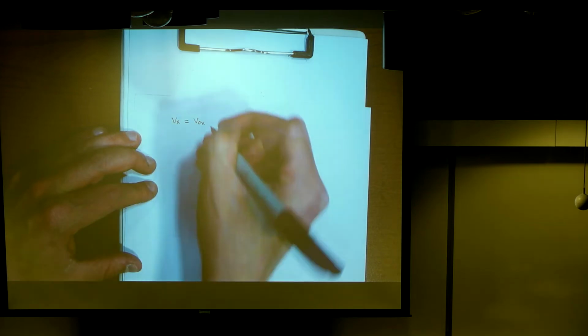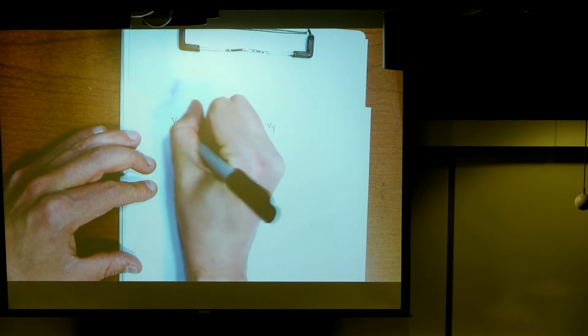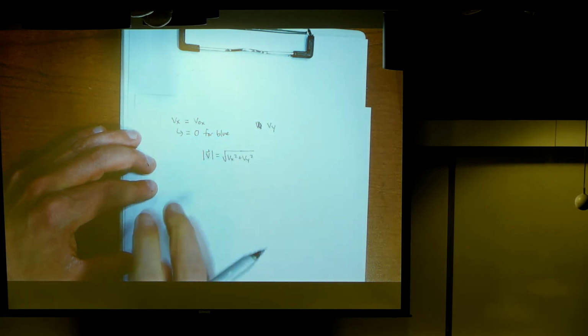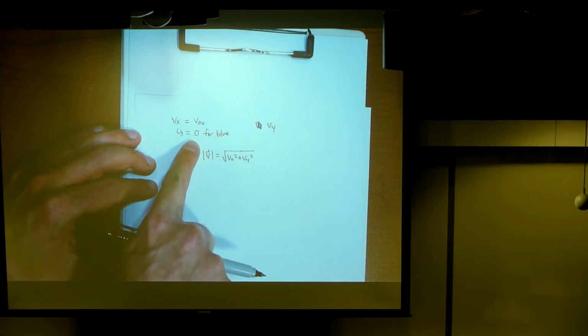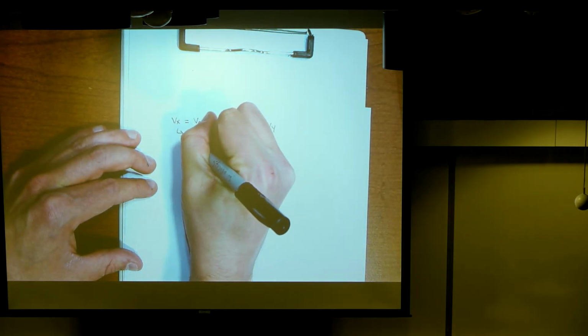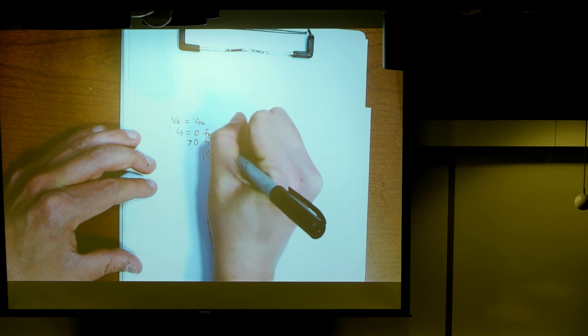It's just 0. So I'll say that this value is equal to 0 for the blue ball. But for the red ball, is this equal to 0? No, the red ball hits the ground and it does have some x velocity. We don't know what it is, but I'll just say it's something greater than 0 for the red ball.